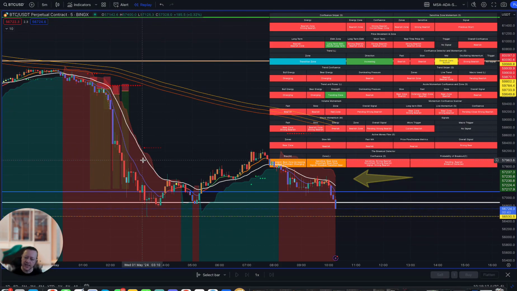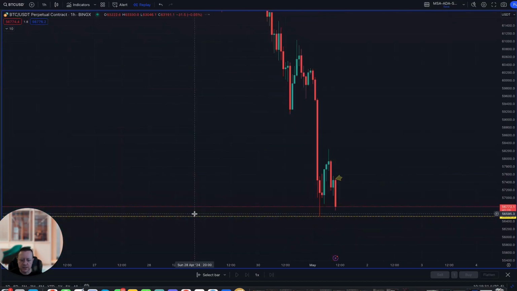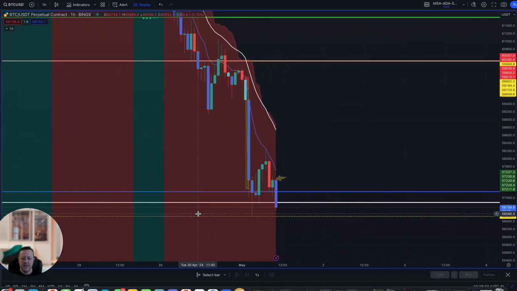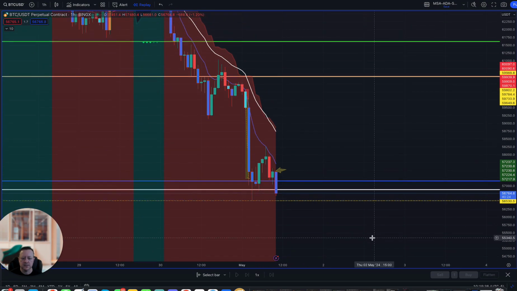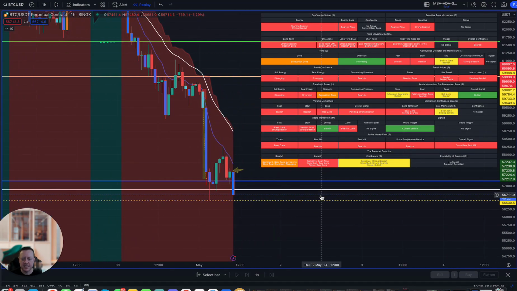But as it says in the DIIO checklist, I believe part 2, be careful entering at a pressure line, right? Because this 5-minute looks like it's clearly broken it. But if we look at something more significant, we can say this hour could easily retrace back up, right?